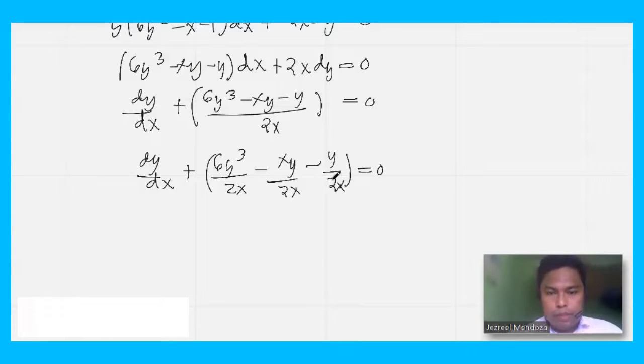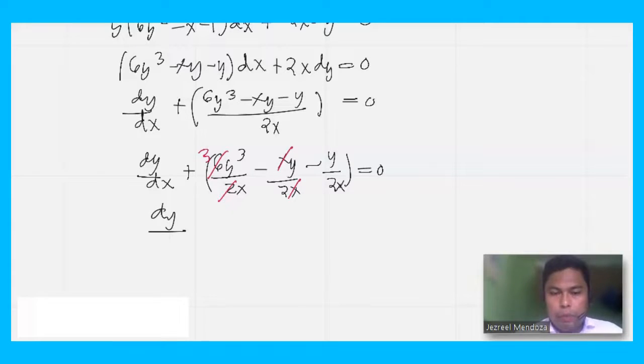Okay, so from this we can cancel out, so this will become 3, and then this is y over 2, and then this one is negative y over 2x.